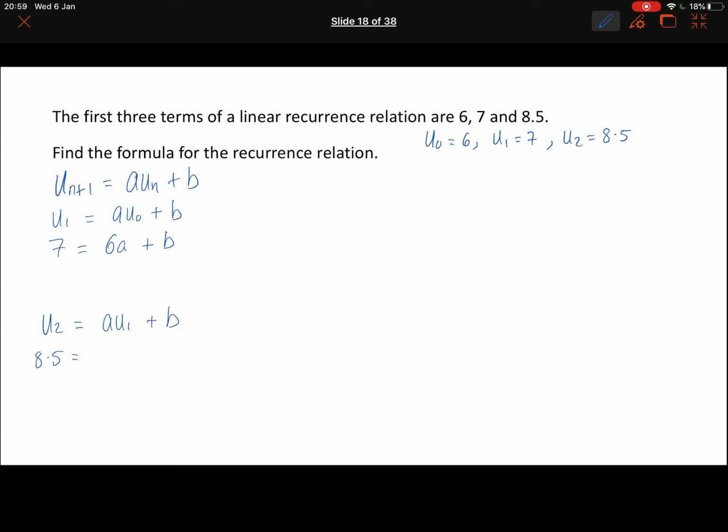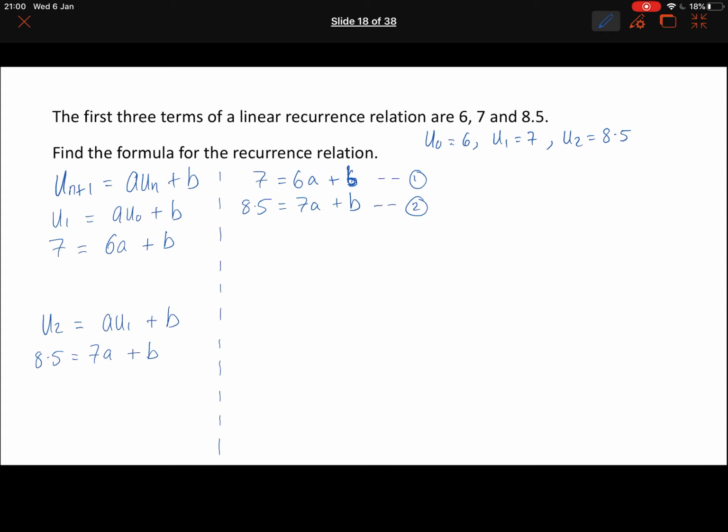So a times 7, which I'll rewrite as 7a plus b. And now I've got two equations which I can solve simultaneously. So 7 equals 6a plus b, we'll call that equation 1, and 8.5 equals 7a plus b.